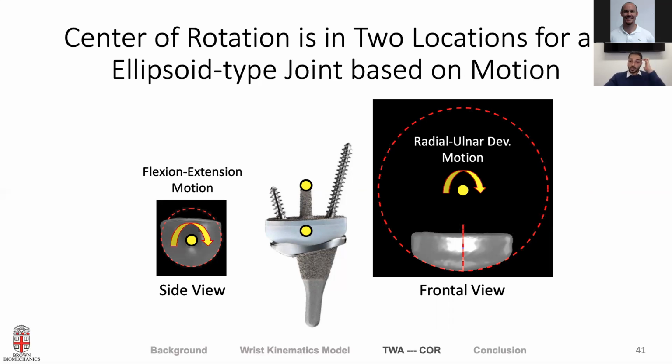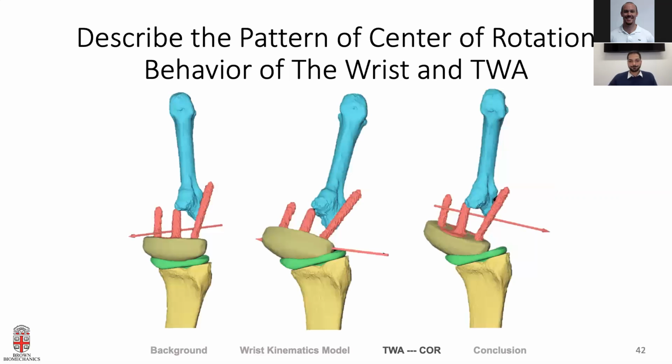So we similarly hypothesize that our in vivo TWA center of rotation will be at these locations. Our goal here was to describe the pattern of center of rotation behavior for the wrist and total wrist arthroplasty. In this figure, you see the axis of rotation, location, and orientation for three different postures. These are for our implant cohort.